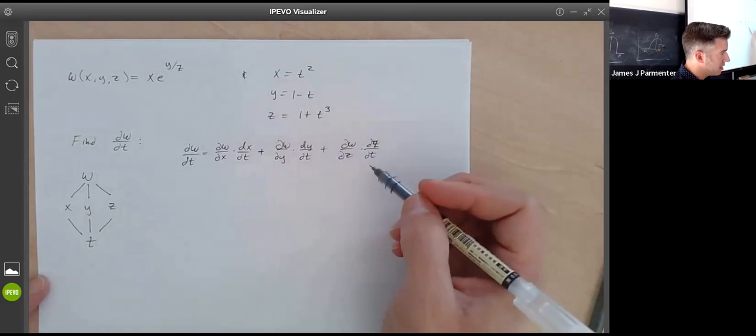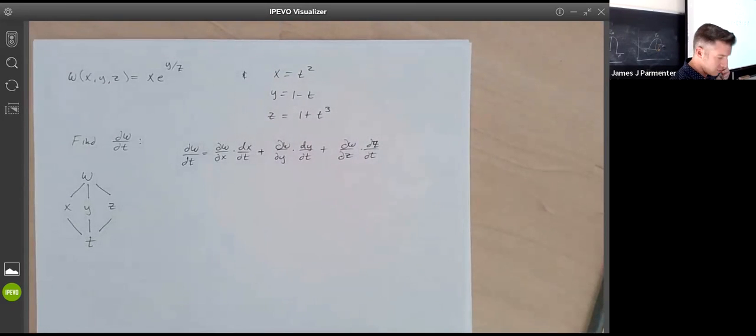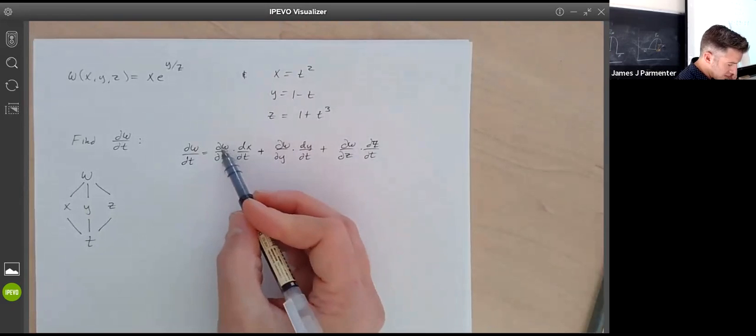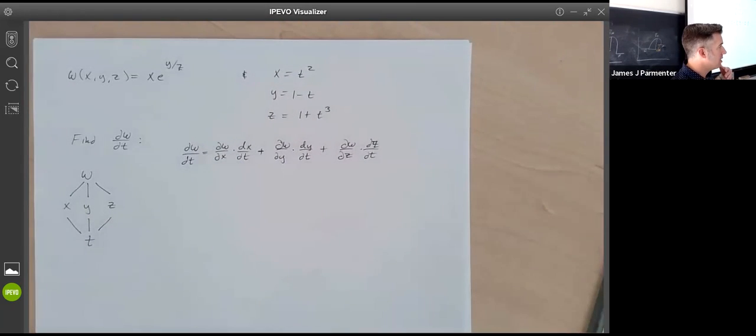What could I cancel here? And here? And the point is that the thing that's going to be left, if you could cancel those, is dw, or is del w del t, del w del t, del w del t. So the things that cancel leave behind the thing you're trying to find. It's exactly like the chain rule for regular functions.